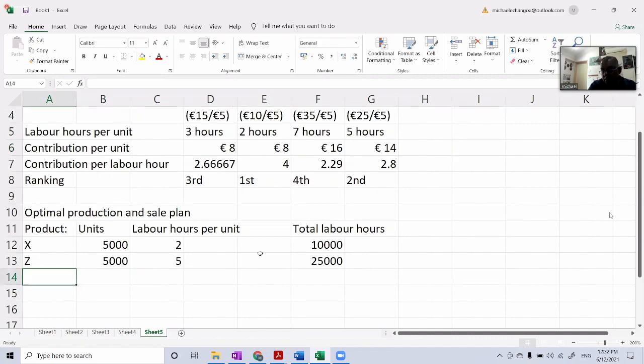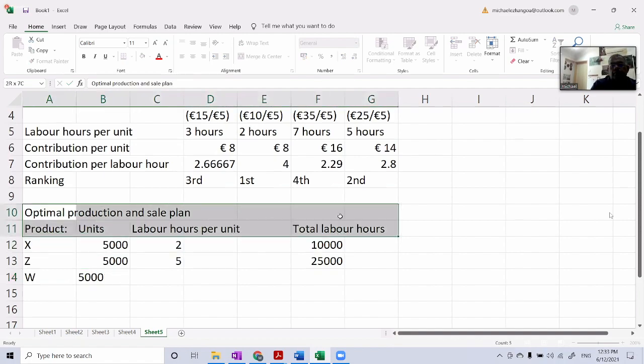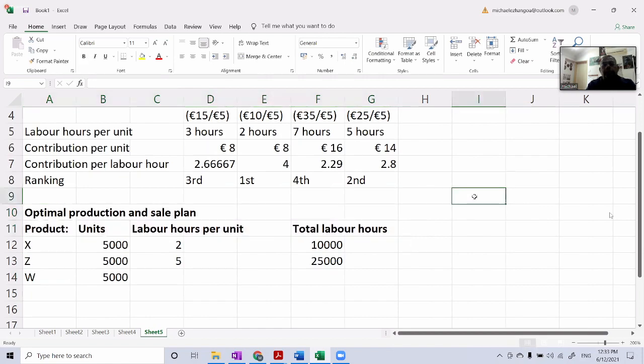Third is W, 5,000 units too. And number of hours is 3. 15,000. Double check.